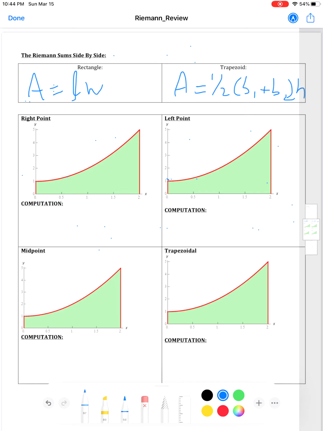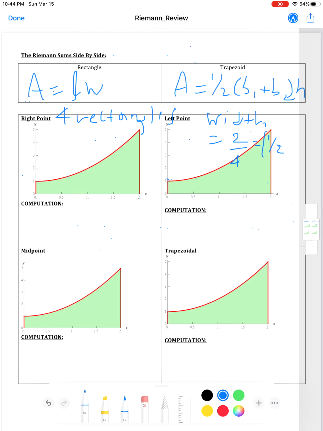So if we're doing a right point approximation, I always like to use the rightmost y values in each interval. On this one, let's say that we have 4 rectangles. To find the width, I always like doing the total interval divided by the number of rectangles.